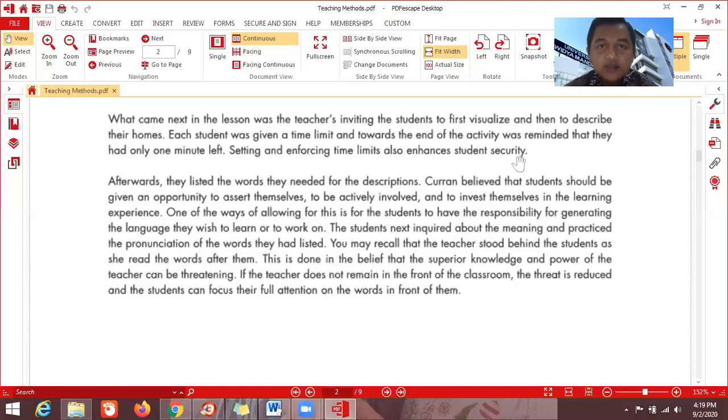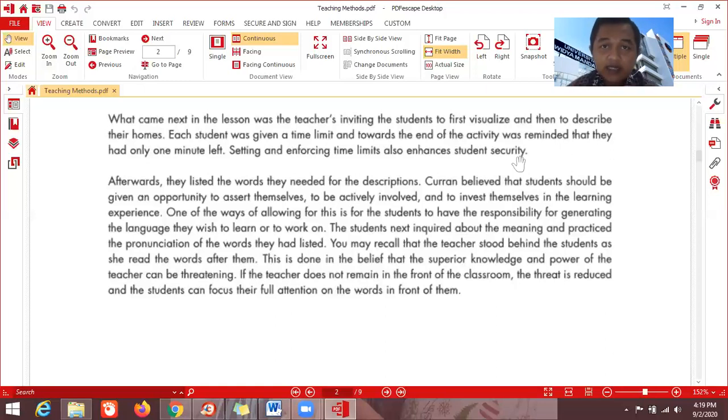The test takers will organize the efforts that they give to the task, and they will perform better because they know that they are encouraged to finish it in a certain amount of time, right? So time limits are important.